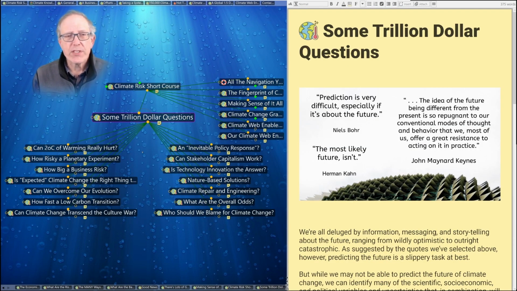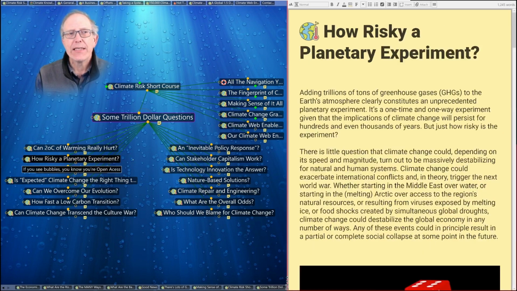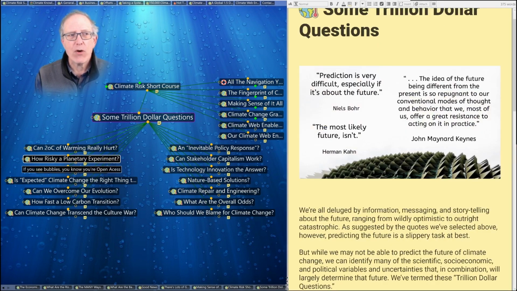Trillion-dollar questions are something that we have come up with in terms of, if you could answer some really big questions, what would those questions be? And none of these have answers per se in terms of anything definitive, but they can help you walk through how risky is the experiment that we're carrying out with climate change.